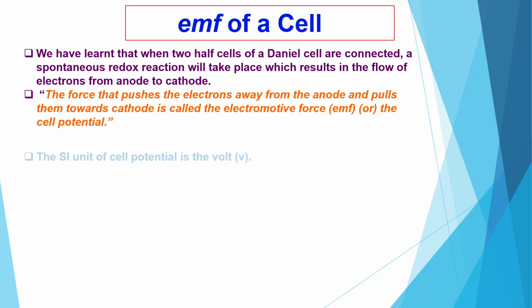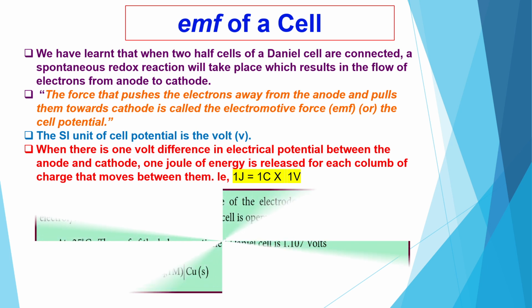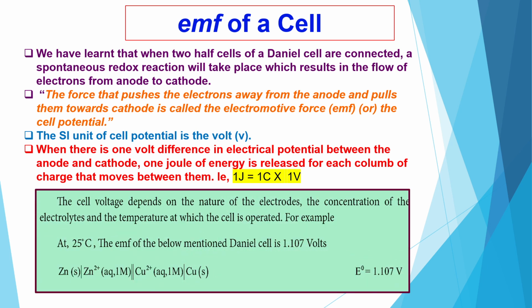So now we will understand the EMF of a cell. What do we mean by EMF? We have learned that when two half cells of a Daniell cell are connected, a spontaneous redox reaction takes place, which results in the flow of electrons from anode to cathode.